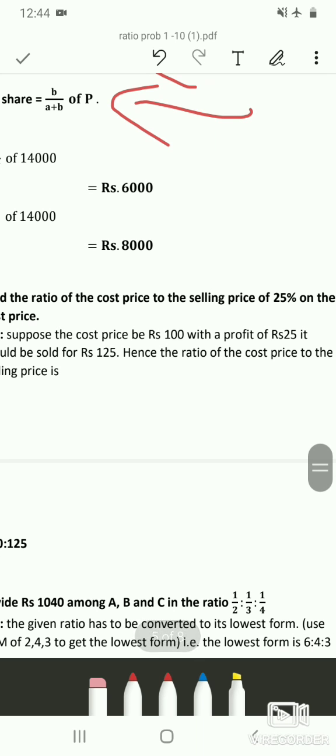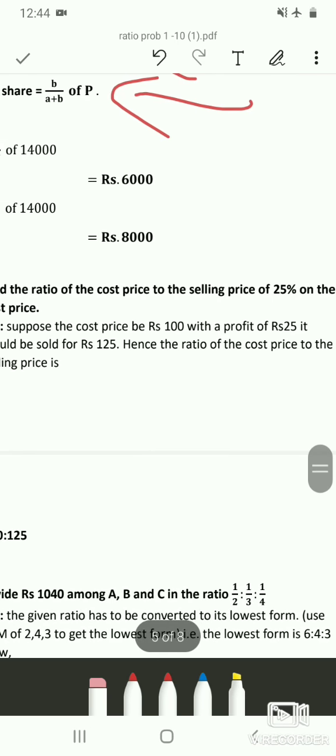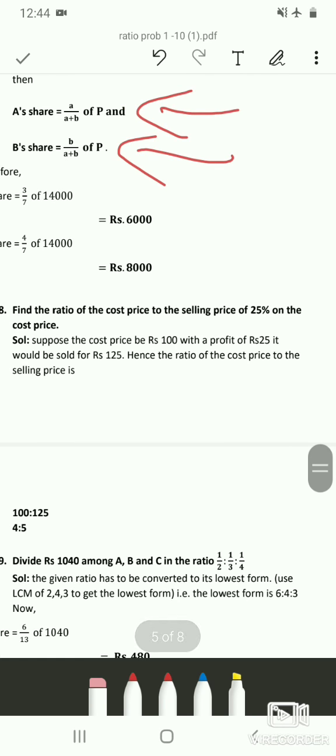They have sold a product with 25% on the cost price, which is nothing but profit. So the profit is rupees 25. If the profit is rupees 25, then the product will be sold for rupees 125.